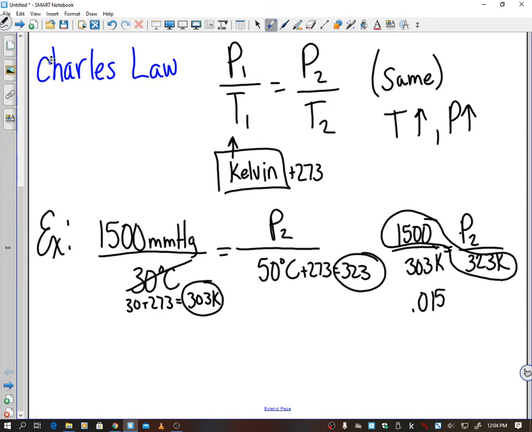Let me, 1,500 times 323, oh, it's 484,500, sorry. The earlier number made no sense at all. And I'm going to divide by 303. And I have 1,599 millimeters of mercury is my new pressure.